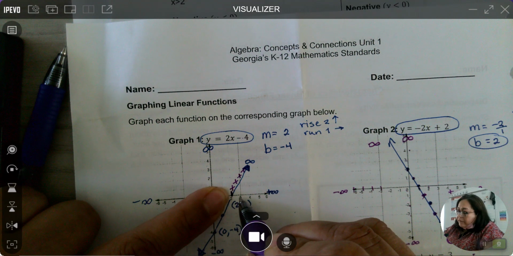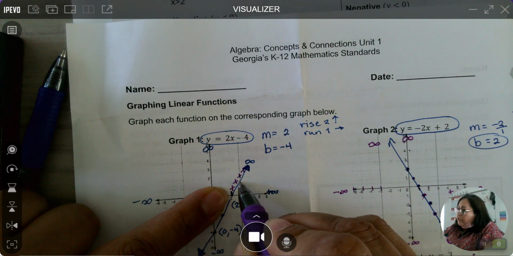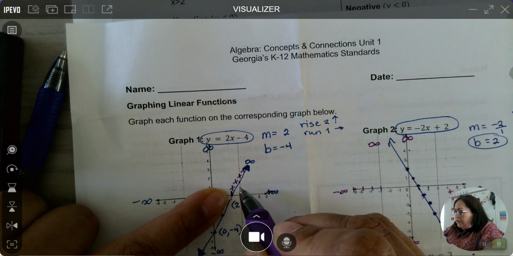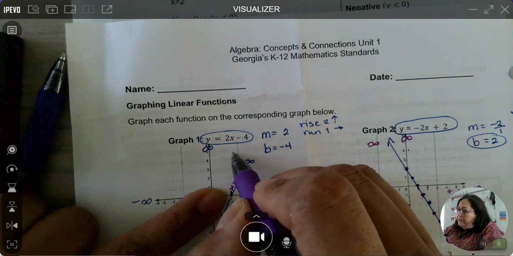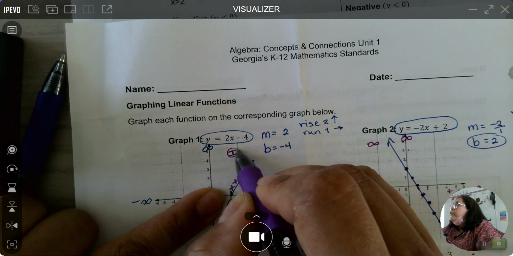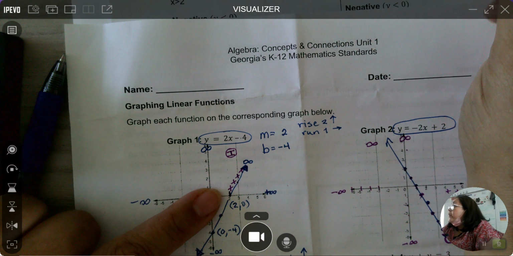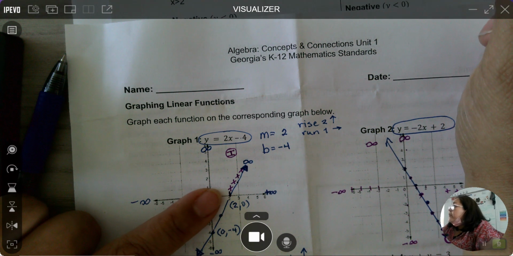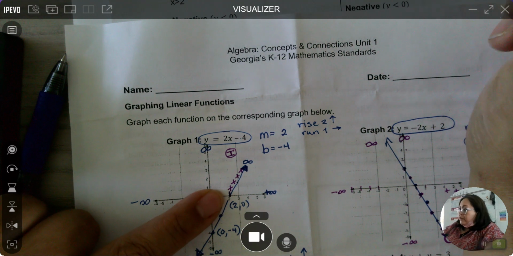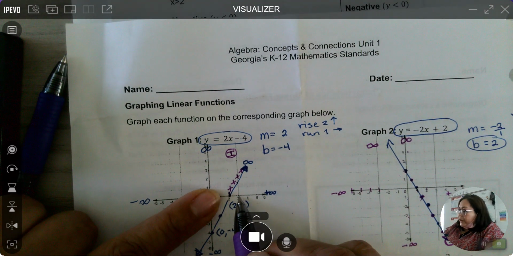What's one characteristic about quadrant 1? Both of them are going to be positive, right? So when x is 3, the y is going to be positive. When x is 4, the y is going to be positive. Anytime the function is above the x-axis, it's going to be positive, right?